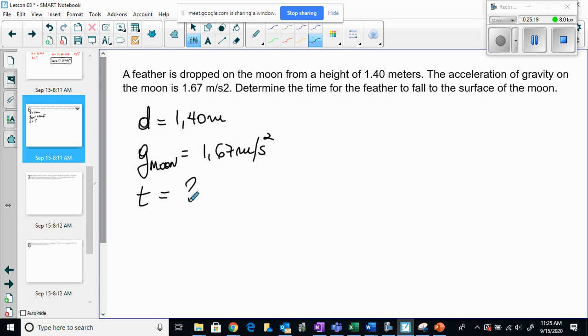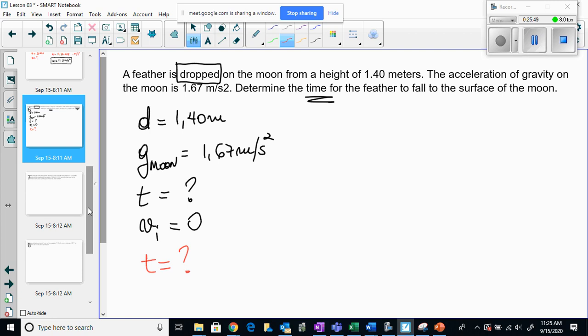But there is one more quantity that is hidden in the question that we can write down as a given. The word dropped means that the initial velocity is equal to 0. And what we are looking for is time.